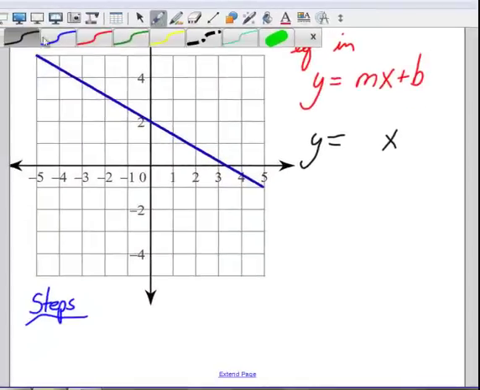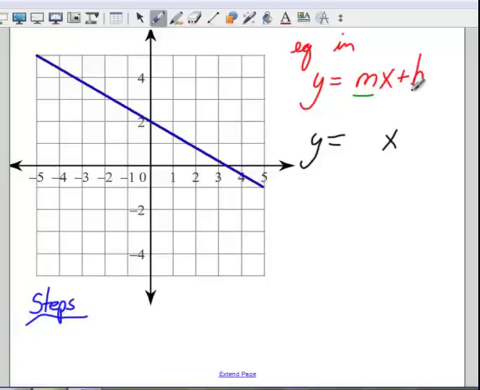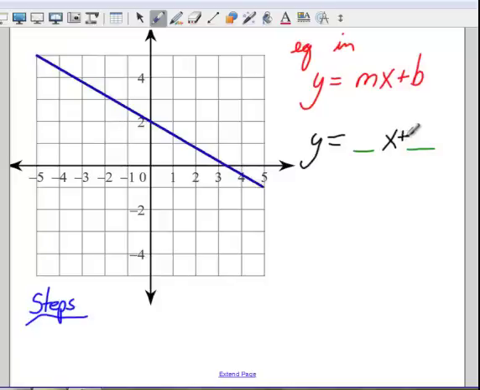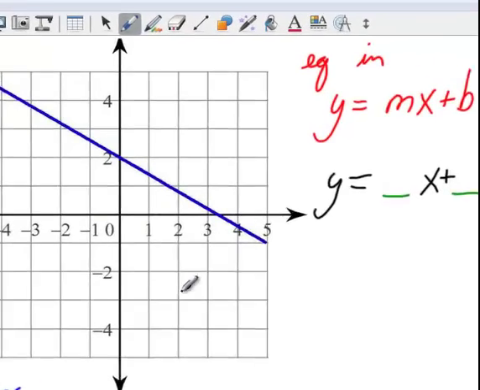My unknowns, though, are this m and this b. So I need to find out what this m and this b are going to be. And we're going to have a plus sign here too. Even if it's a negative number, we're going to have plus and negative. So we'll just put that plus there for right now.